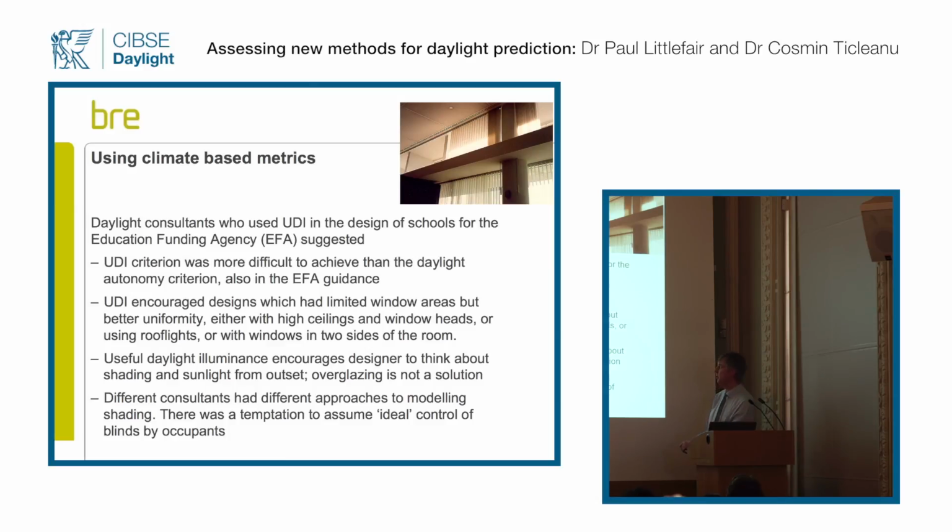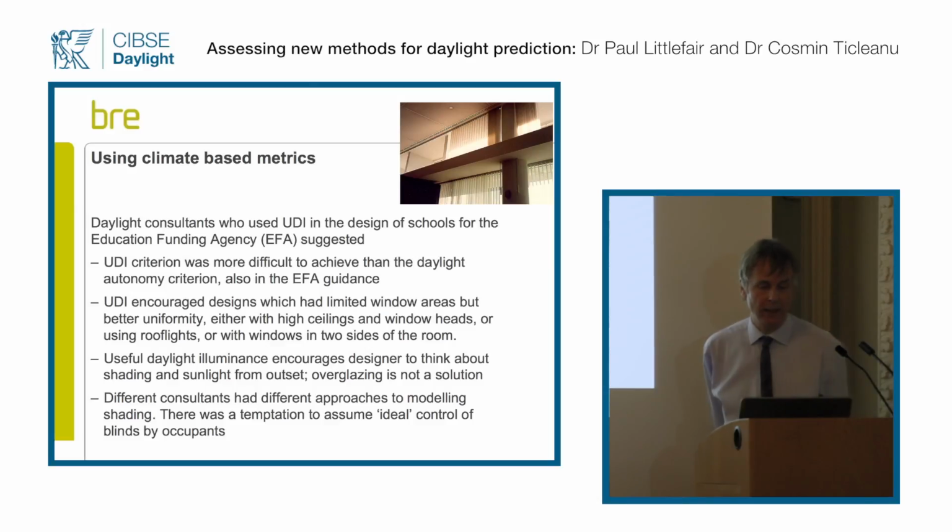With the UDI, that didn't work because you get these areas near the windows which had very high luminances. So you'd need a more subtle approach, which might include limited window areas but better uniformity, often by having higher ceilings and window heads, or by using roof lights, or clerestory windows, or windows on two sides of a room, maybe with a light well lighting the back of the room.